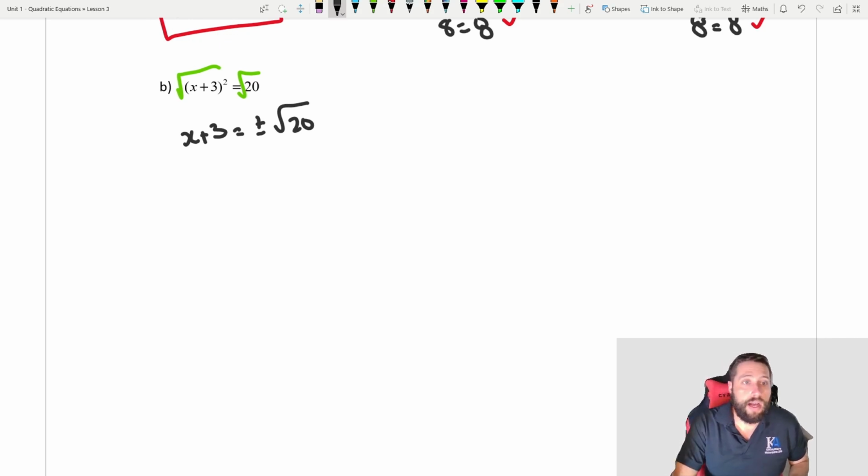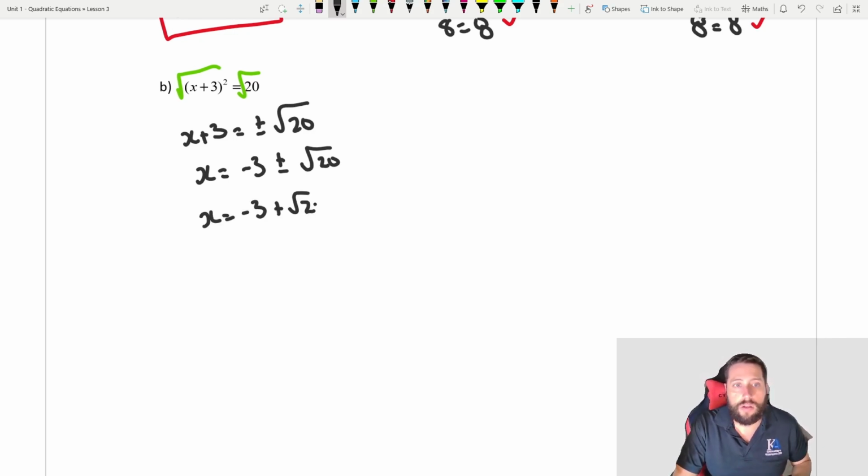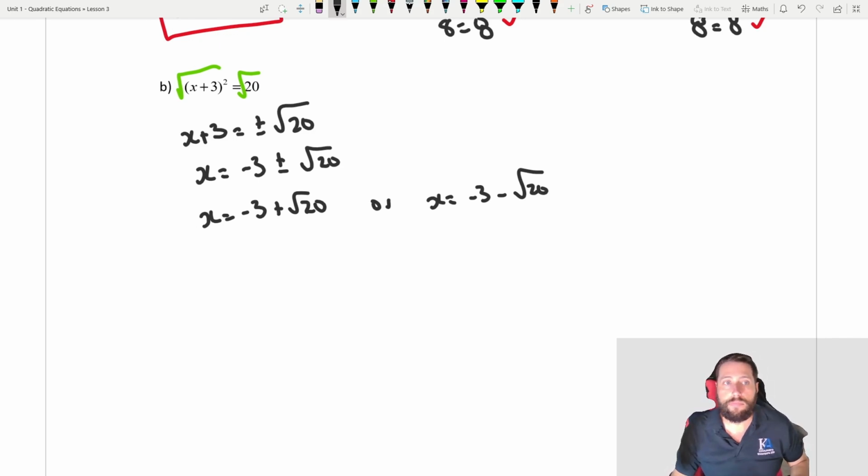From here, we can subtract 3 so that we have x is equal to negative 3 plus or minus the root of 20. That means that there are two possible outcomes. Either x is equal to negative 3 plus the root of 20, or x is equal to negative 3 minus the root of 20. Okay, so those are the possible outcomes that we have.